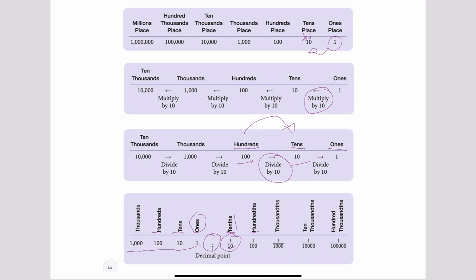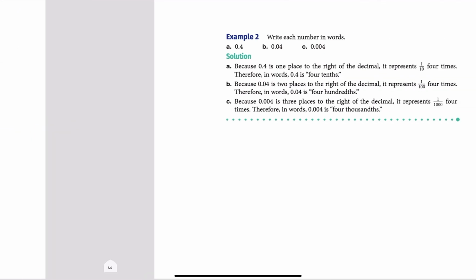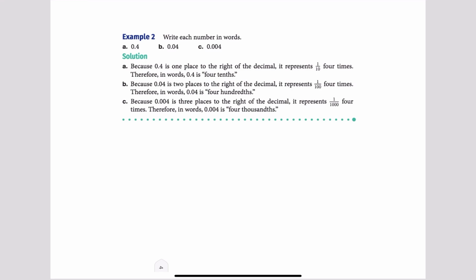And so if we see something like we're going to see in the next example here, this first number, because there's nothing in the ones place, we're going to read the decimal point here. So this is going to be where our whole numbers stop, and then everything to the right of this is going to be parts of a whole. In this case, the first place is the tenths, so this represents 4 tenths.